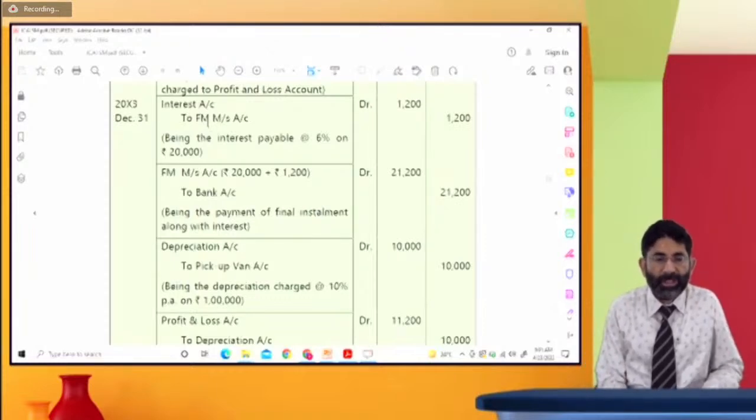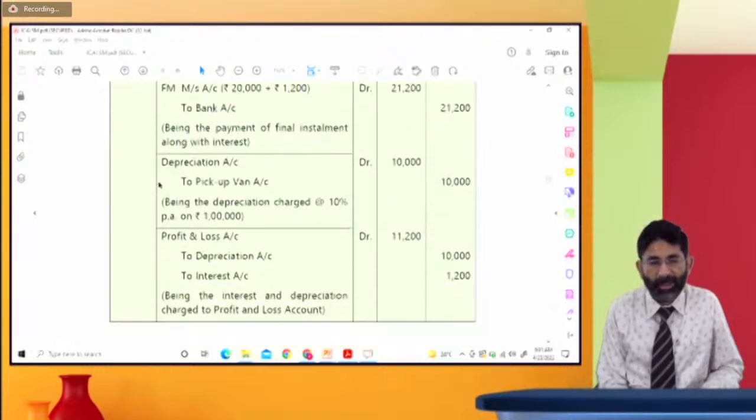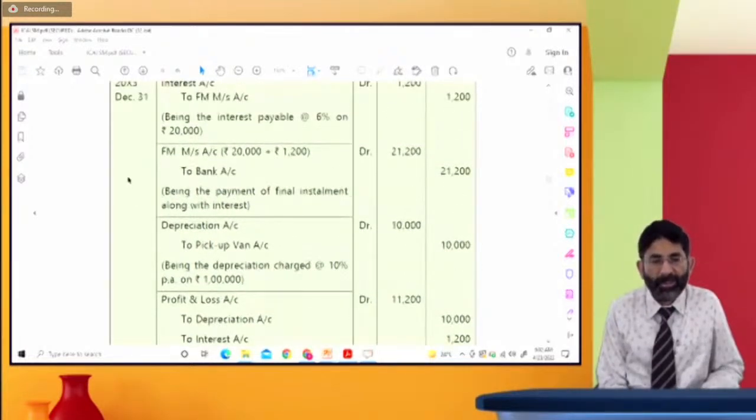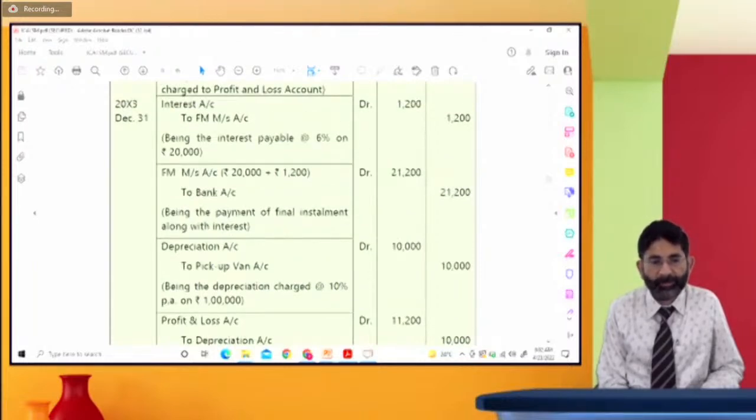We have to charge depreciation in this case, depreciation account debit to pickup van. But the second entry will not remain the same. Even depreciation and interest will go to the P&L account. This entry will also remain the same. This entry will not be there: FM account debit to bank, because we have not made payment to the bank. So note it down with you, beta.